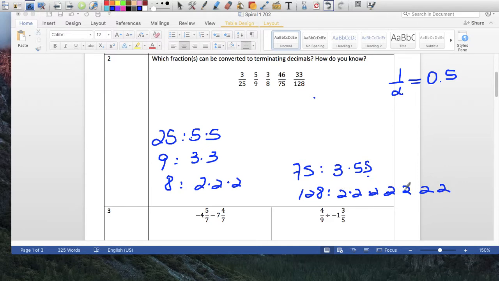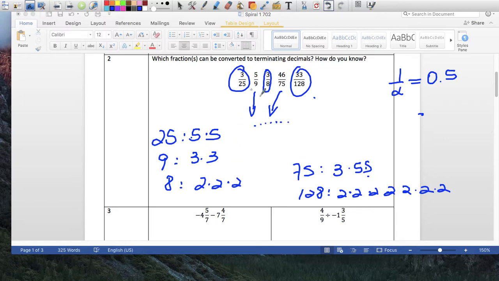Now, if you did take the time, you would have noticed that if you inserted these fractions into the calculator or changed them to decimals, this one gave you a terminating decimal that ends. This one and this one were decimals that went on forever and ever.